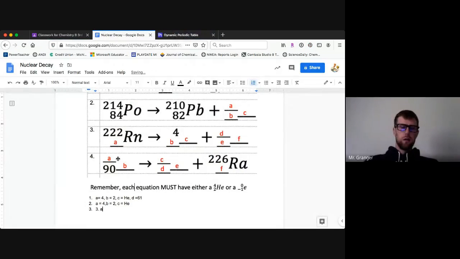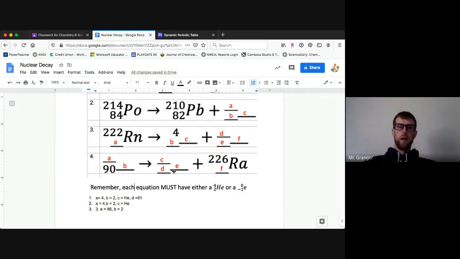So A will equal 86. And then continuing on, letter B is going to equal 2, correct? Because the 4 for the mass hints to the direction of it being an alpha particle, 4 over 2 He.